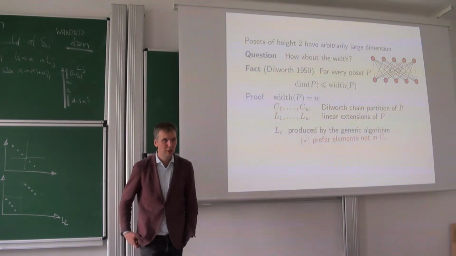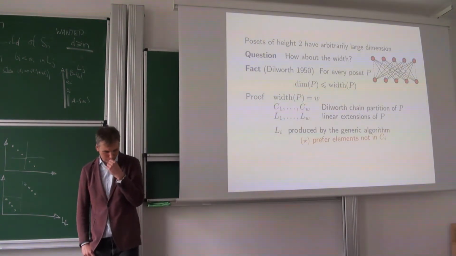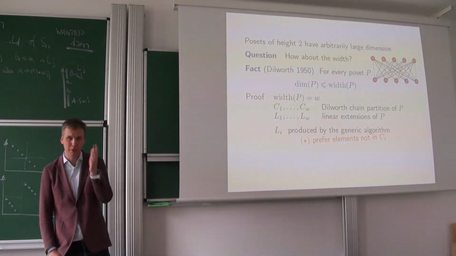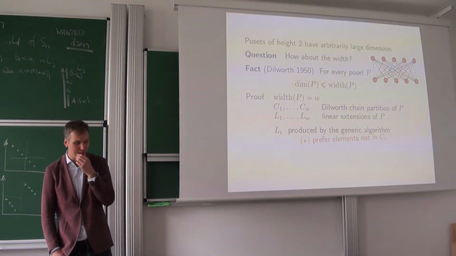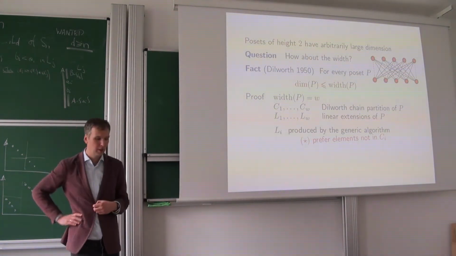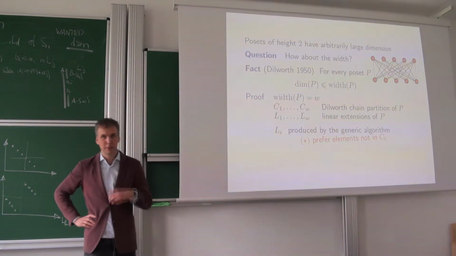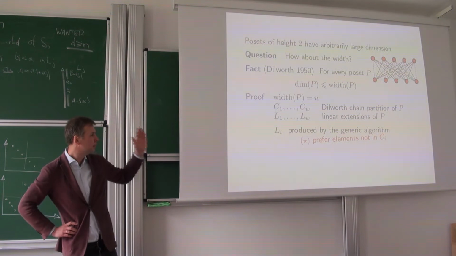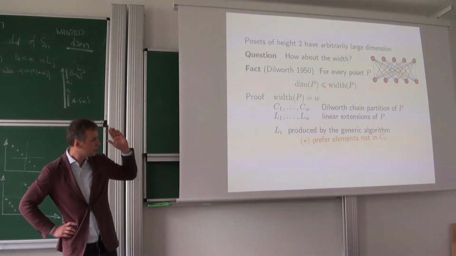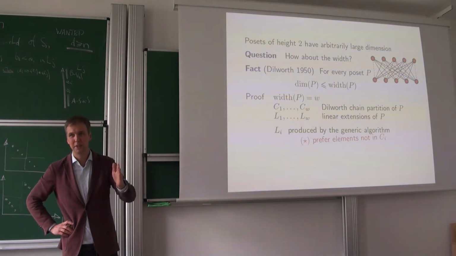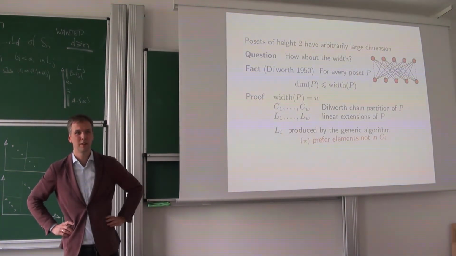So you have the width W of a poset, take the chain partition of the poset into W chains, and now construct a set of linear extensions, one for each chain. How do you do it? Well, specialize the generic algorithm. When you want to produce Li, elect to prefer all other elements before elements in Ci. And that will do.